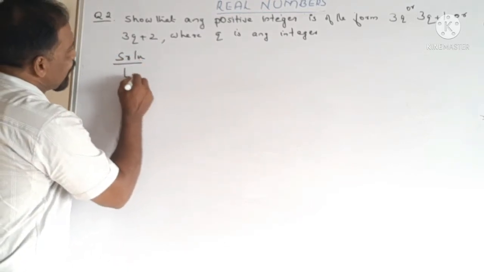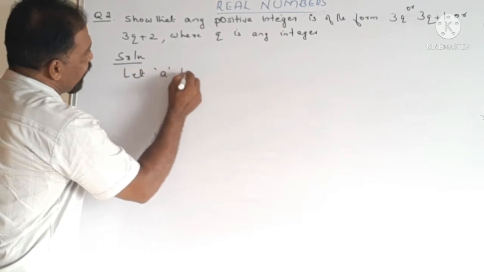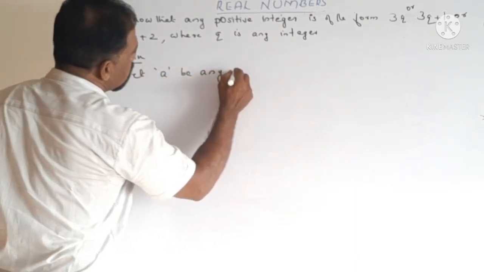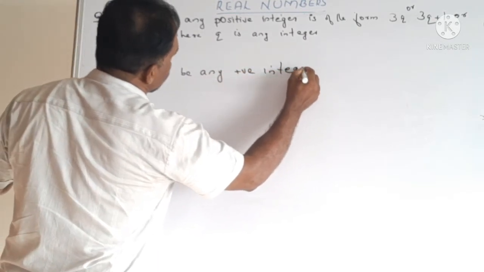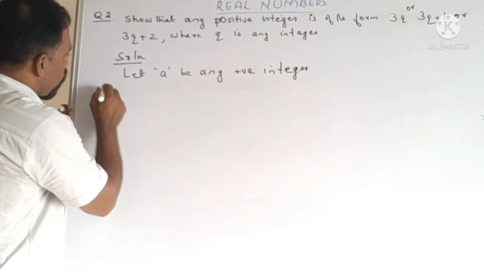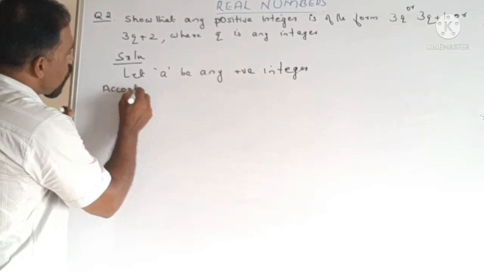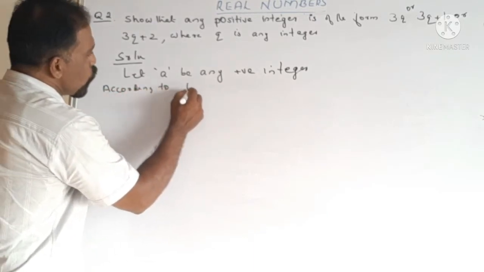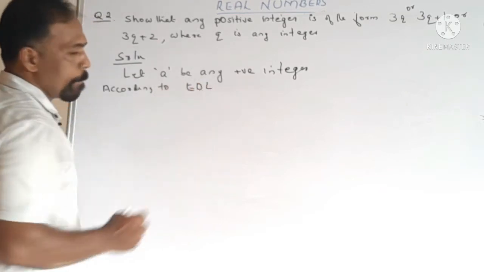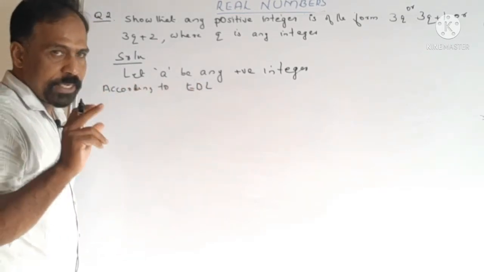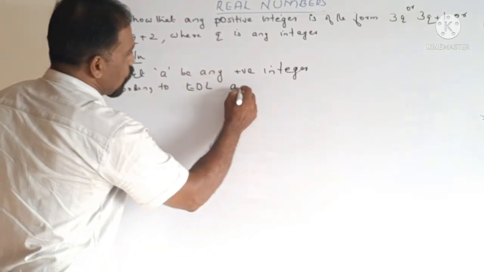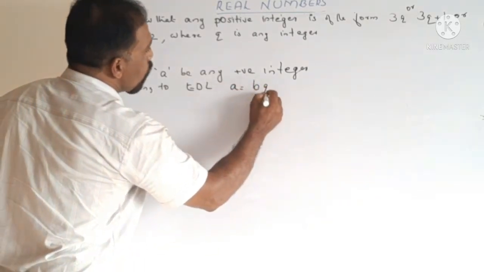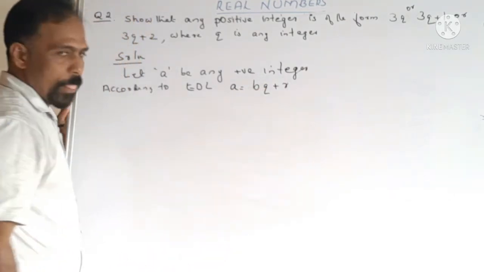Solution: let a be any positive integer. Therefore according to Euclid's division lemma, you have to write the complete statement. Euclid's division lemma, we can write a is equal to bq plus r.